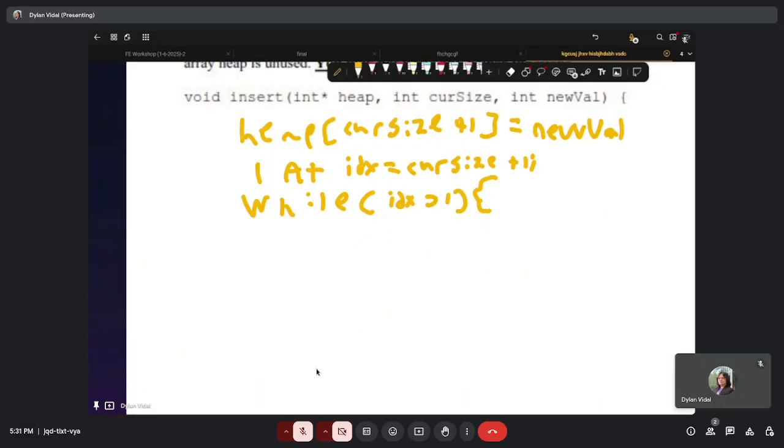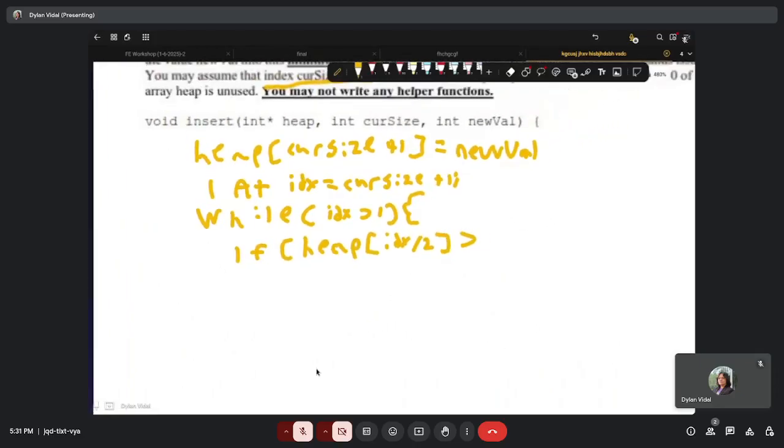So if our parent heap at index divided by 2 is greater than us, then we have to swap. So we could write it like that.